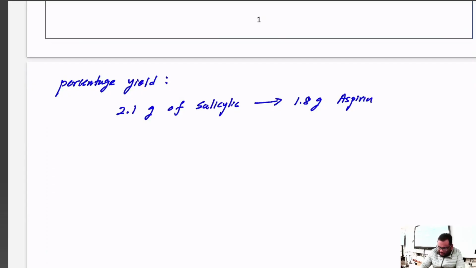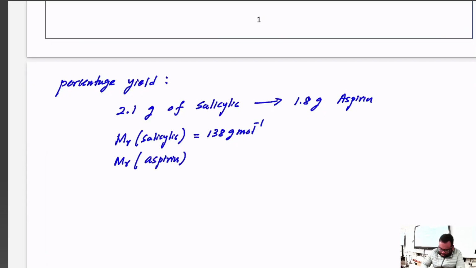The molar mass of salicylic acid is equal to 138 grams per mole. The molar mass of aspirin is equal to 180 grams per mole.